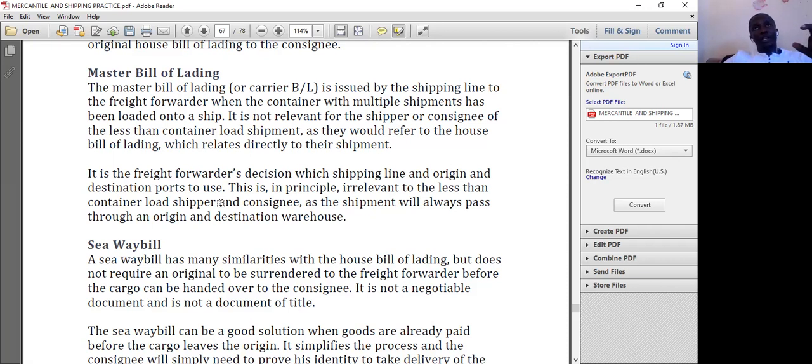So the shipping line will give the freight forwarders a master BL, and the freight forwarders will give the shippers what we call the house BLs. The master BL covers all the shipments inside that container, while a house BL covers an individual shipment inside that container.